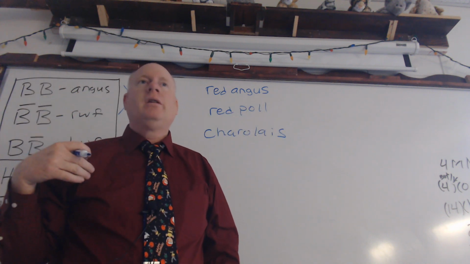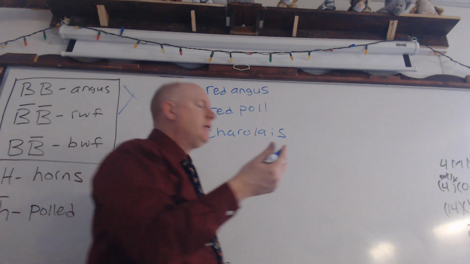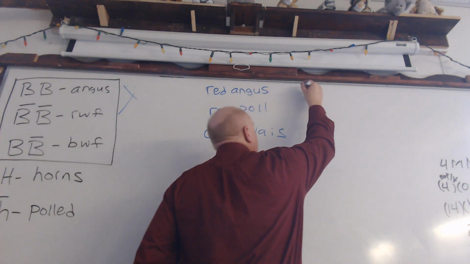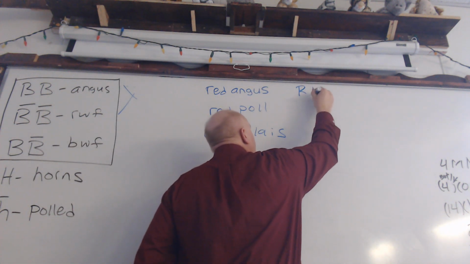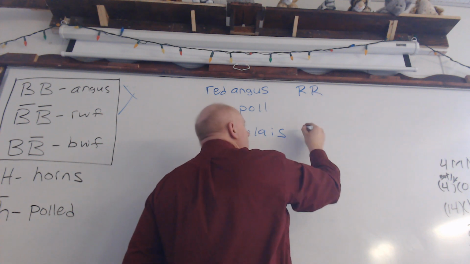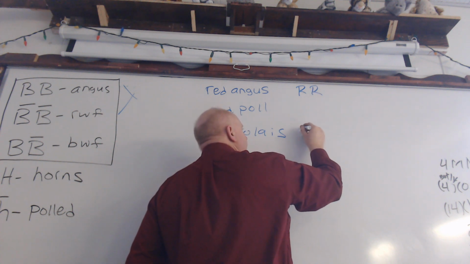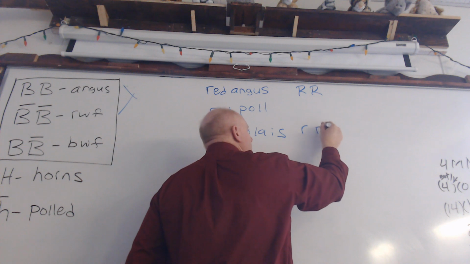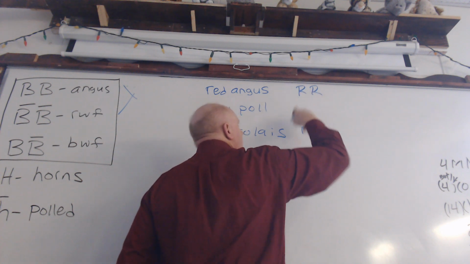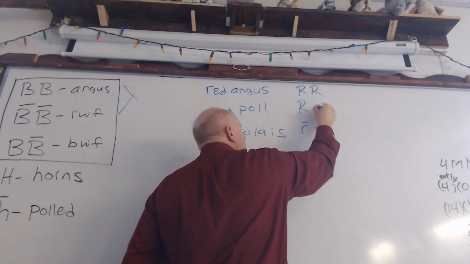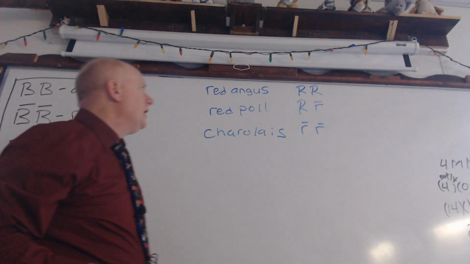Now, genotypes for these. In this case, we want to use big R, big R. The other end of the spectrum, two small r's, and then a hybrid of the two. You're going to have that recessive trait in there.